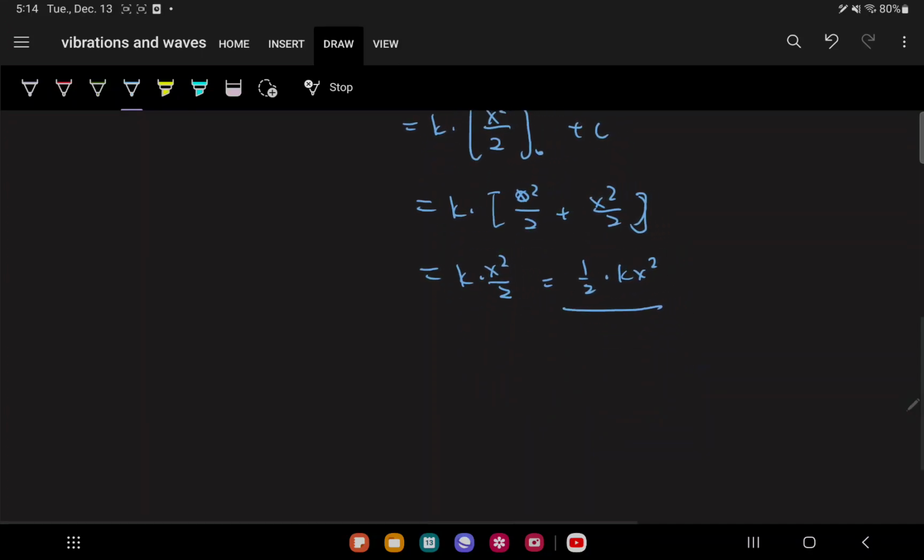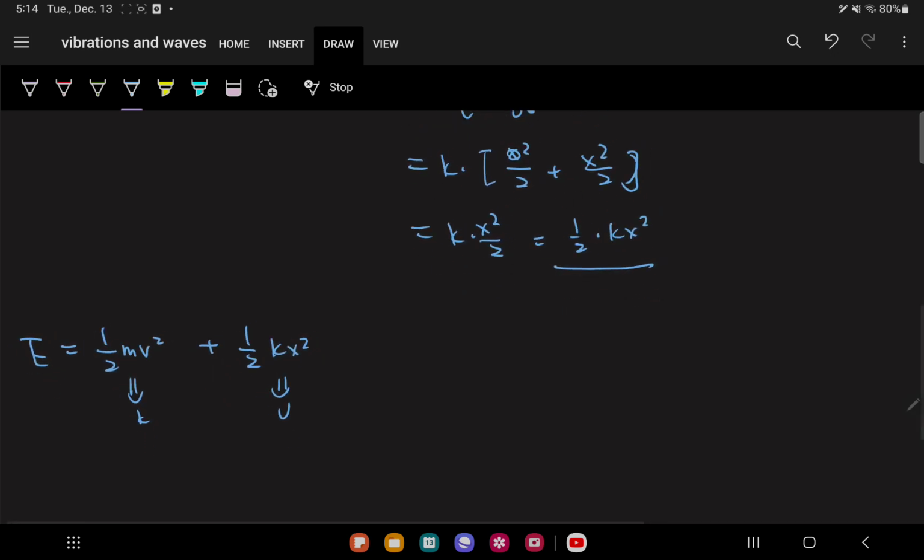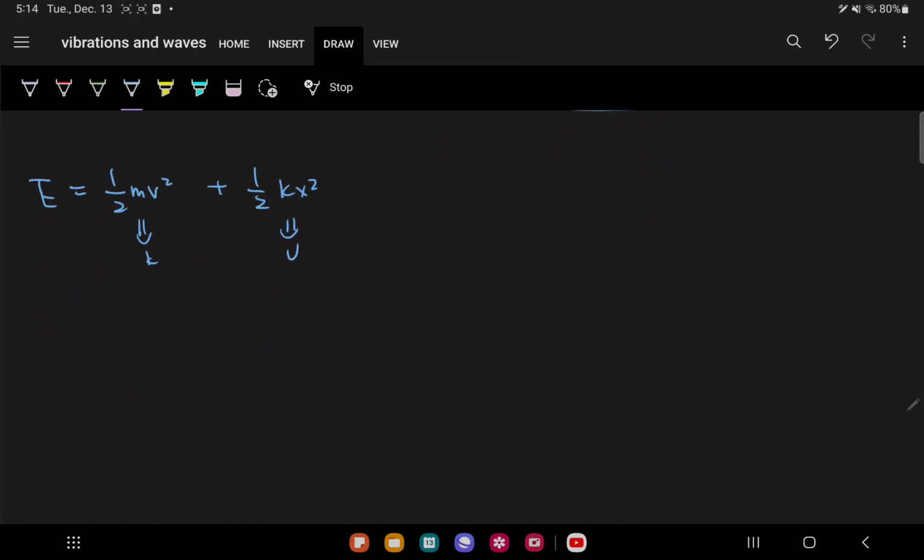So let's jump back to our original equation. We have the total energy equal to 1/2 mv squared, which is our kinetic energy K, plus our spring potential energy, which is 1/2 kx squared, which is our U. And as you learned in my last video, where I talk about the general solution to simple harmonic motion, our displacement x is equal to A cos(omega t plus phi).